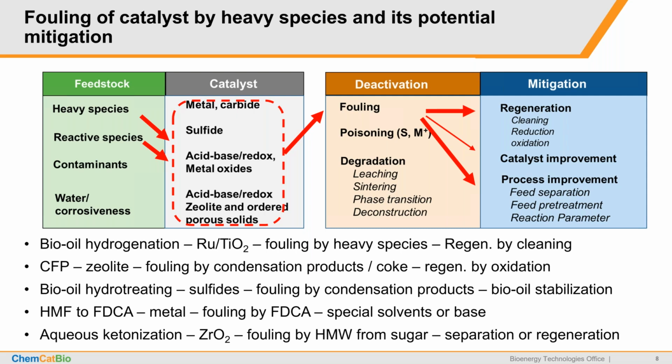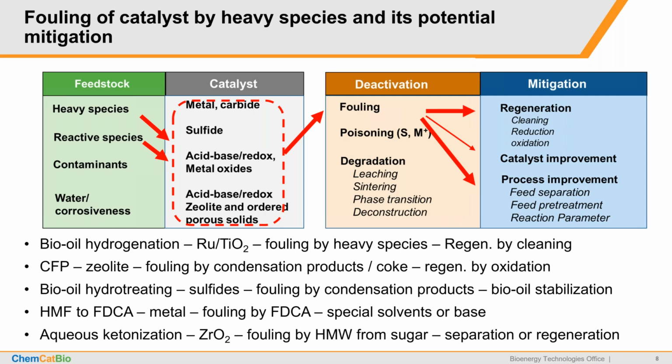There are some good examples listed here. For instance, bio-oil hydrogenation catalysts can be fouled by heavy species, which is really a problem, and this can be addressed by cleaning methods. Zeolite catalysts used for catalytic pyrolysis can be fouled by condensation products and coke, and can be regenerated by oxidation.